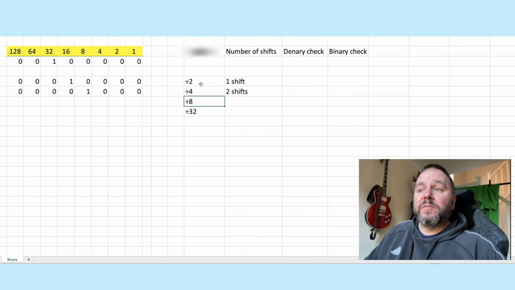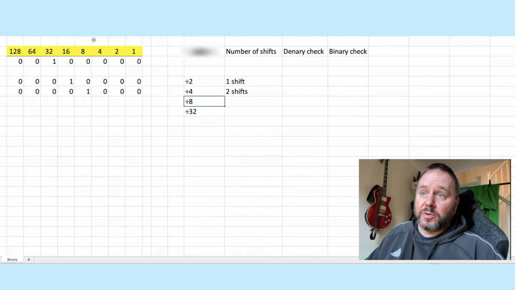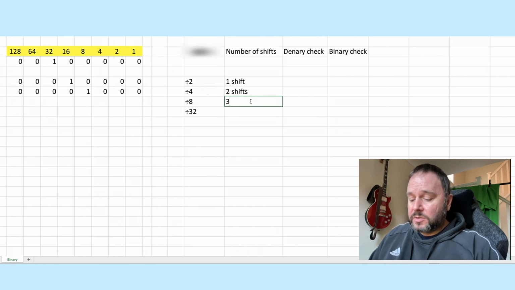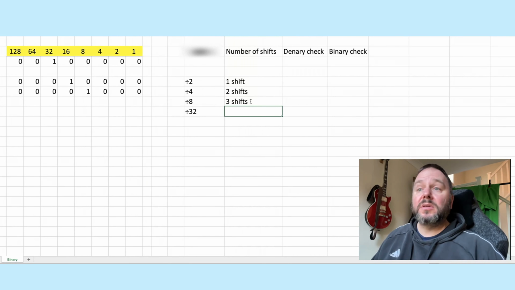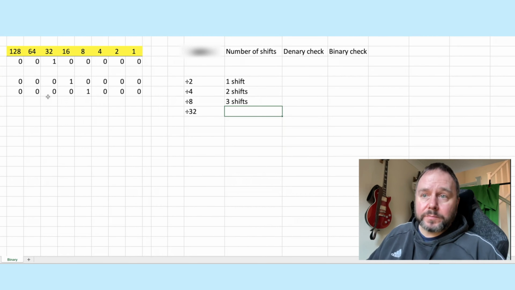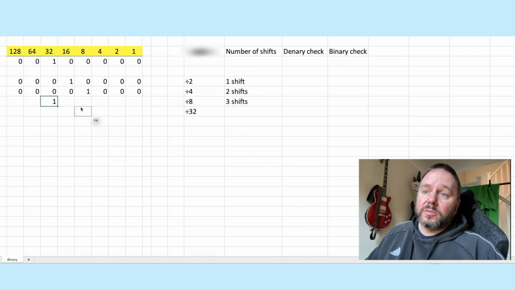Okay, so dividing by 8, to multiply by 8 it was 1, 2, 3 shifts. So I'm going to say it's 3 shifts, just that way. That's our original number. 1, 2, 3 shifts.